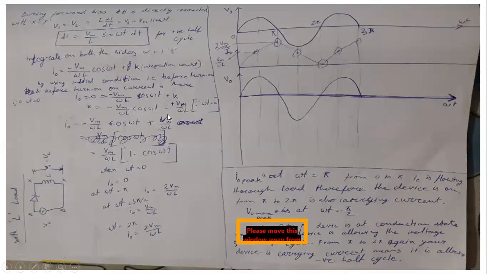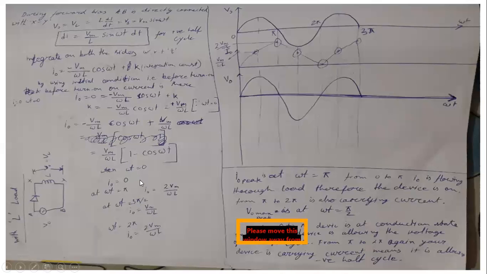Since omega t is equal to 0 before turn on, there we will get Vm by omega L. This is our value of the integration constant. So from that we get the ultimate output current I naught equal to minus Vm by omega L cos omega t plus Vm by omega L. So the output current equals Vm by omega L into 1 minus cos omega t.